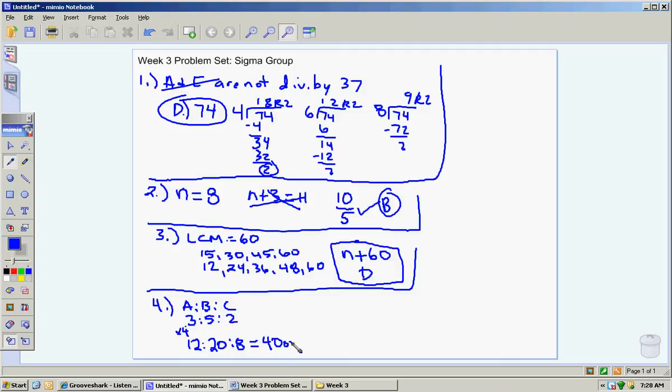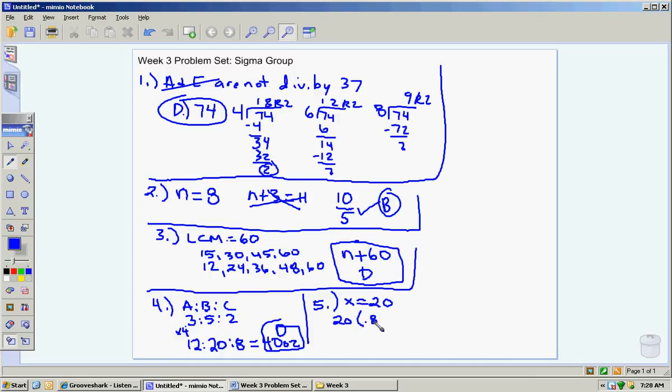On to number 5. We're looking at the t-shirt that's on sale. It doesn't really matter how much the t-shirt costs. It says it costs X dollars, so let's say X is 20. Nice, easy number to work with. It's 20% off. If it's 20% off, then it still has 80% of its original value, so all we have to do is multiply by 0.80. 20 times 0.80 is 16.